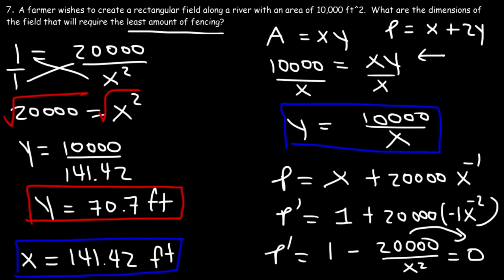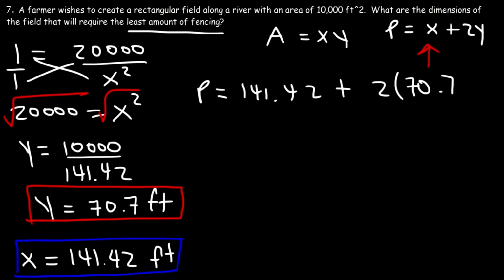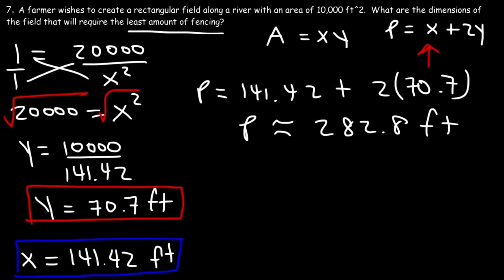So now that we have x and y, which is what we needed to find, so that represents the dimensions of the rectangle, we can now calculate the minimum perimeter, or the minimum amount of fencing that we need. So it's going to be x plus 2 times y. So the perimeter is going to be approximately 282.8 feet. And that's the answer.